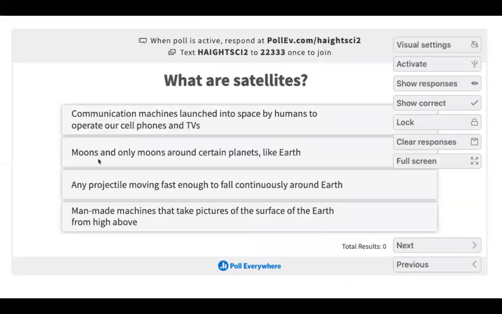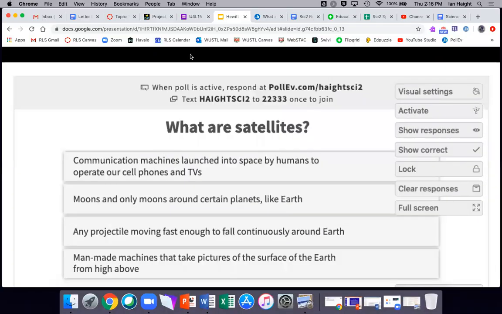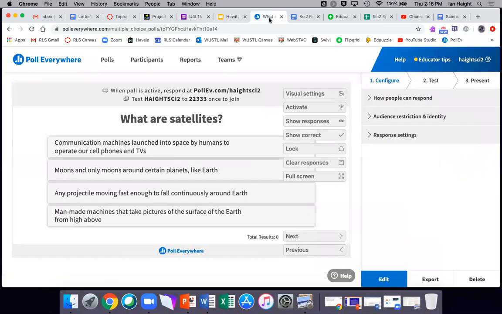So, all right, our first Poll Everywhere question that I want to give to you, you should be able to see it right here, is: what are satellites? This is sort of a review of content from our previous lecture. So you can just open up a new tab on your computer and go to pollev.com/hatesci2, listed right there.